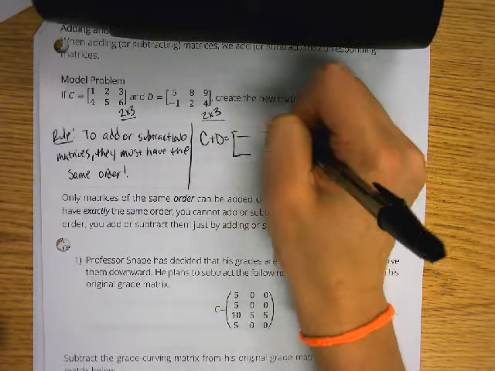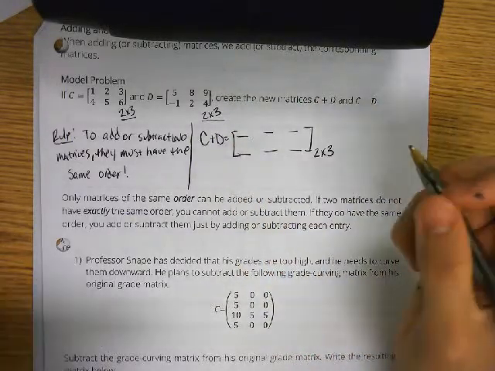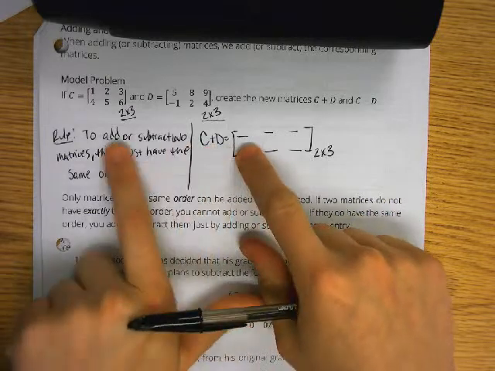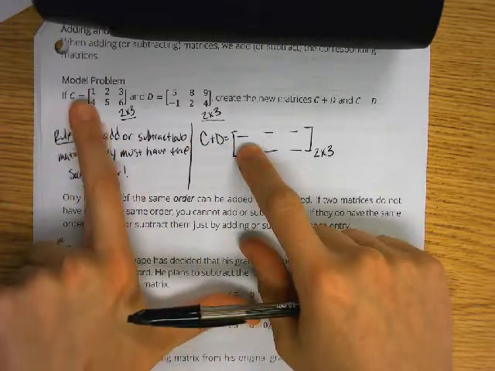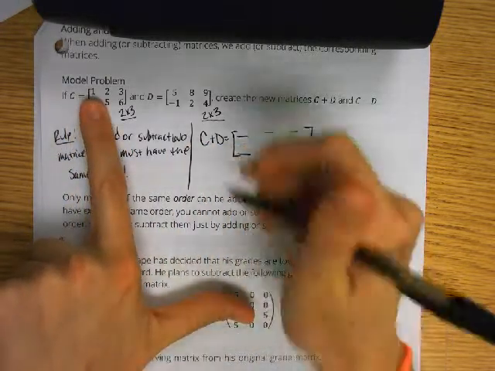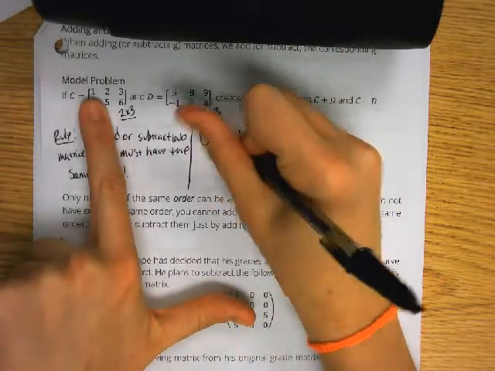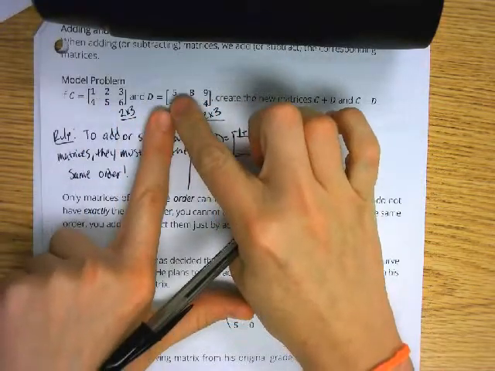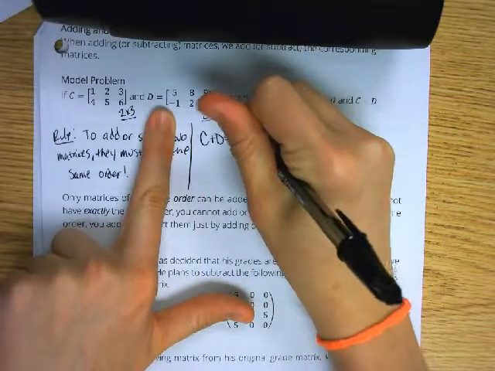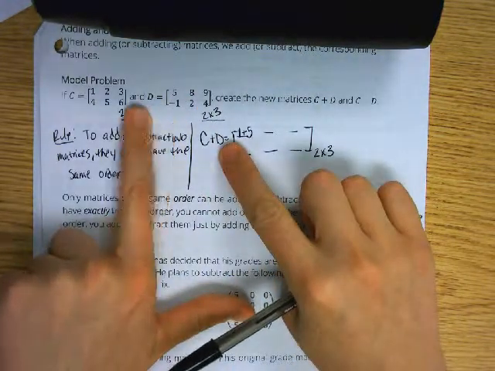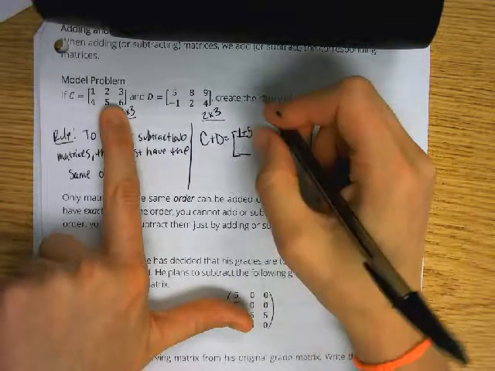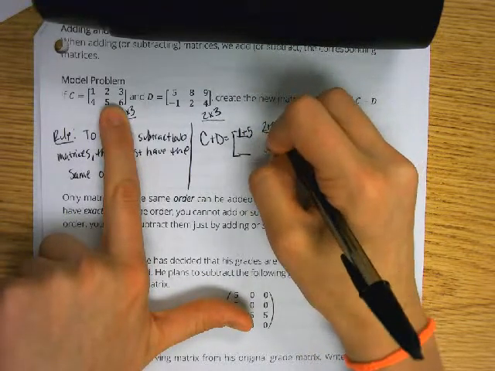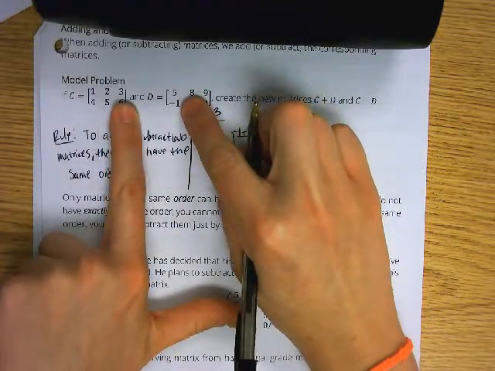I'll draw a blank here for where each number belongs. To get this number, I go to where that location is in matrix C. So I have 1, plus, and the same location for the number in D: 1 plus 5. The next one is 2 plus 8, and the 8 comes from right here.